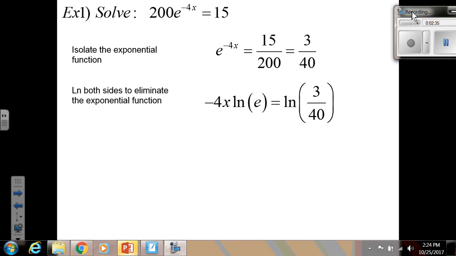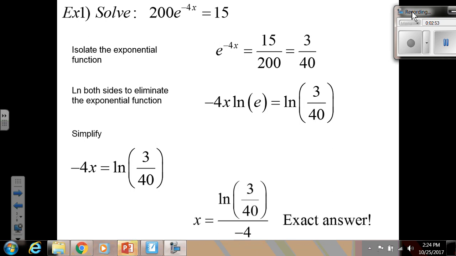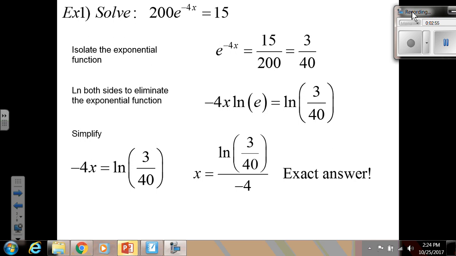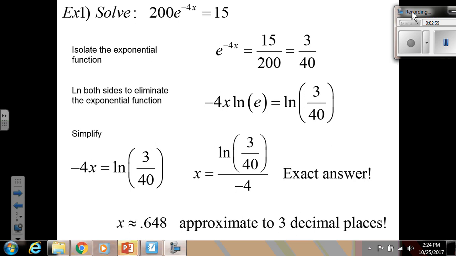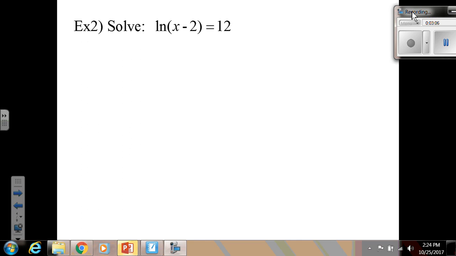And so we have -4x ln of e equals ln of 3 over 40. And then we simplify. So the ln of e, remember, those cancel out, and we just get the exponent, which was 1. And then we have natural log. So then to solve, we're just dividing by the 4. And you can keep it like that. That's our exact answer. Okay, the approximate is about 0.648. Okay, make sure to do 3 decimal places at least.